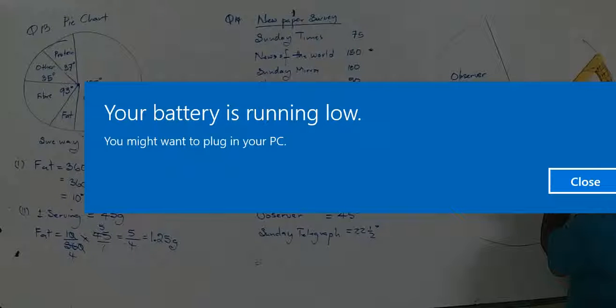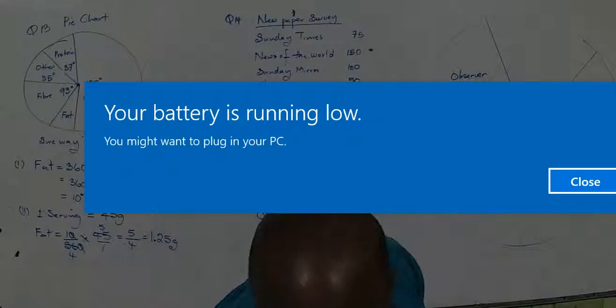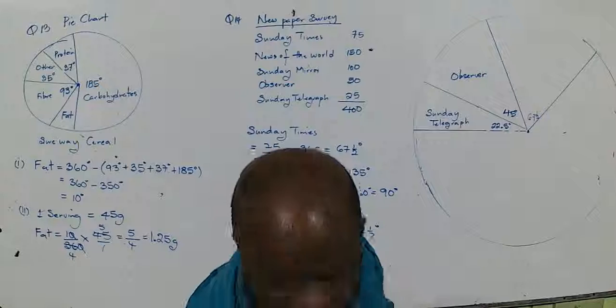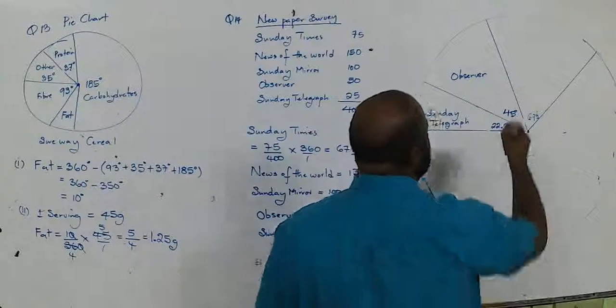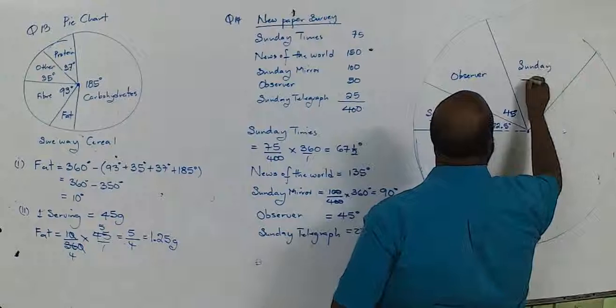Line it up. This is 67 and a half, and 67 and a half corresponds to what? This is the Sunday Times.